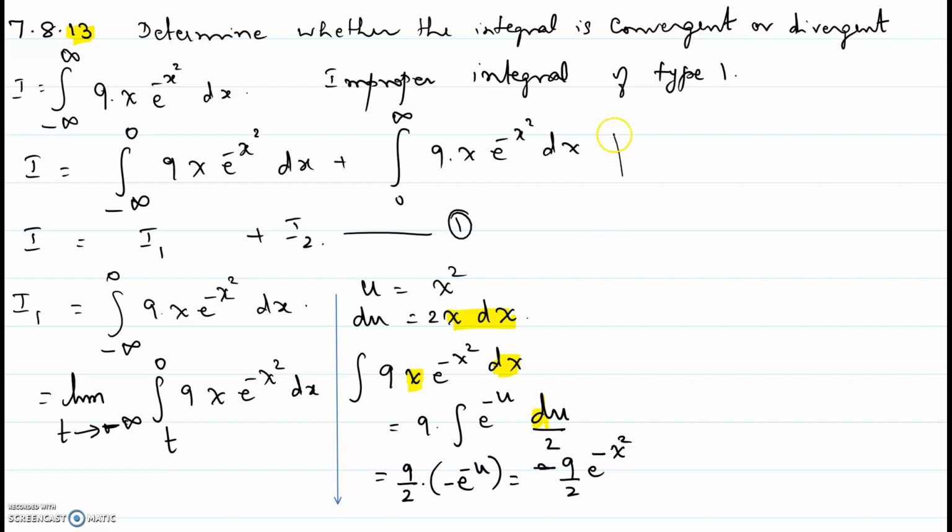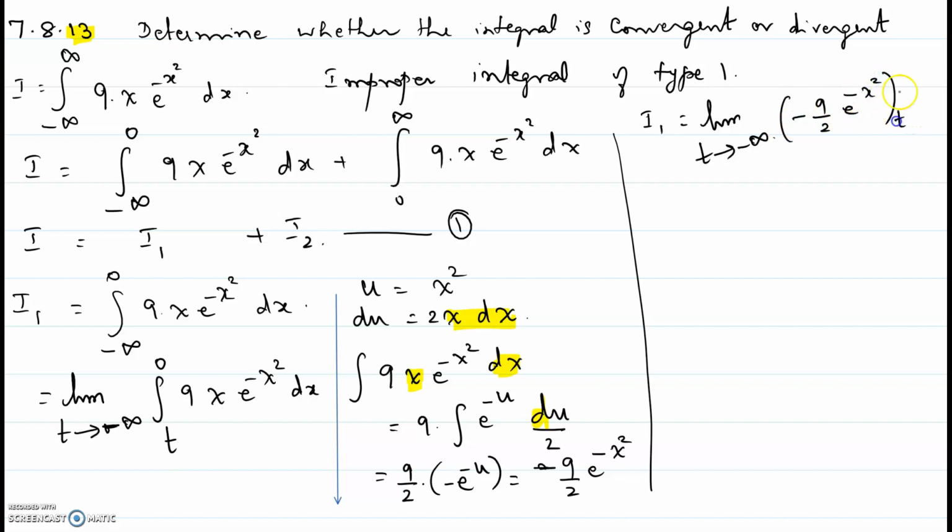So in I1, it is negative 9 halves. Of course, we have to remember to put the limit as t approaching negative infinity of this integral, which we evaluated as negative 9 halves e to the negative x square between the limits t and 0.